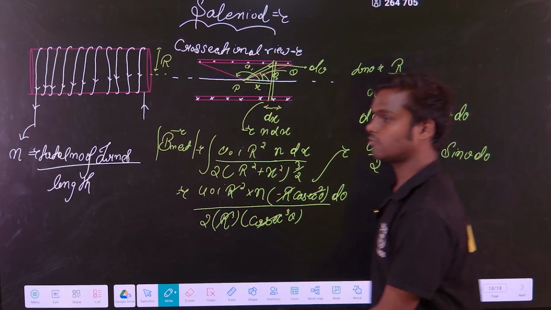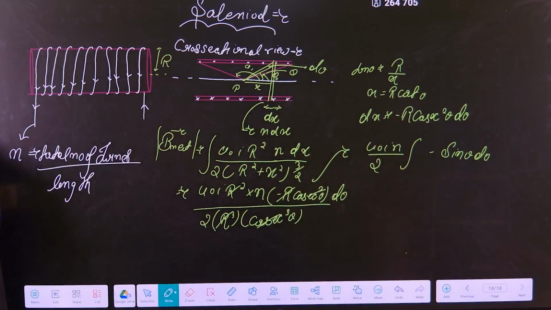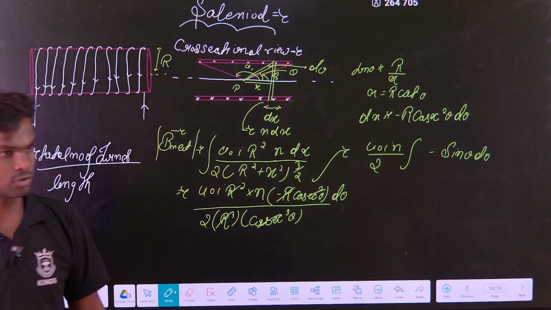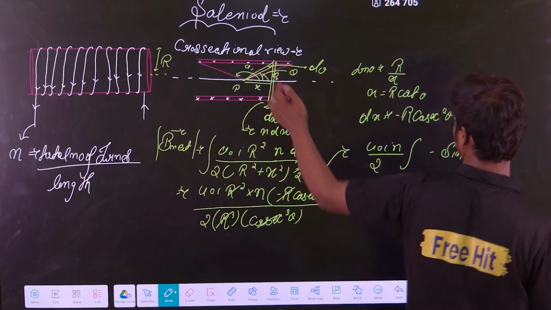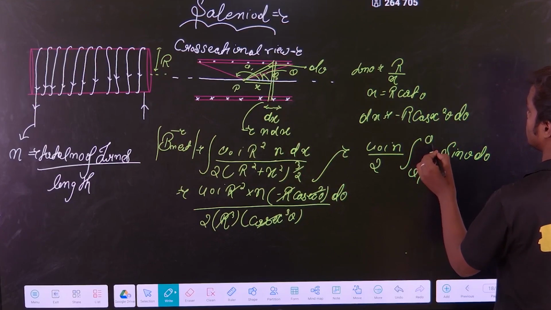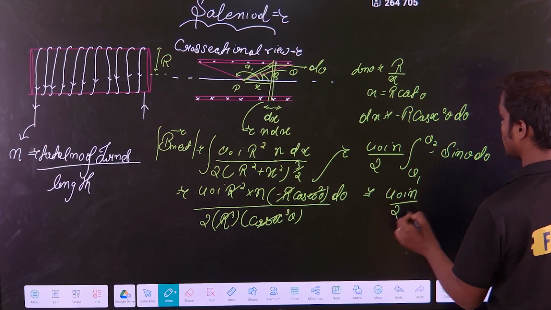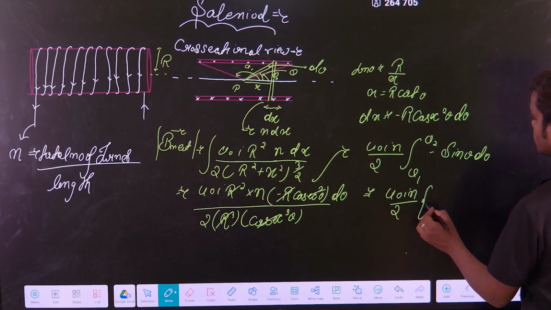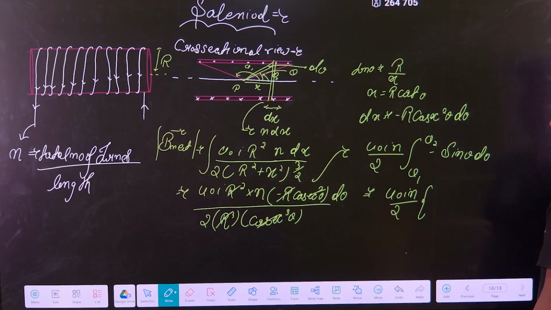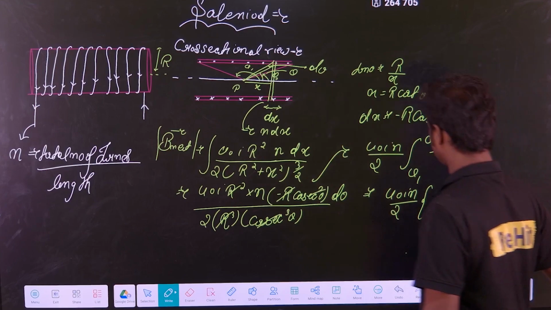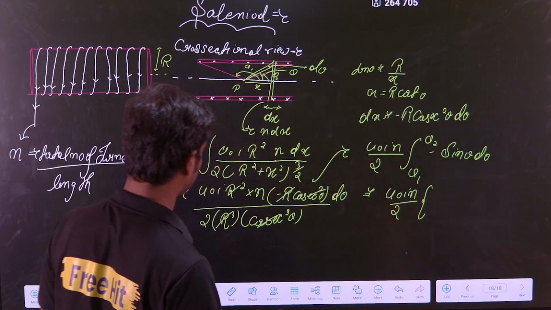Now you tell me the value of theta. From where to where we have to integrate? See, both are in the same. So theta 1 to theta 2. This you will get mu naught I n divided by 2. I will give you the conclusion, don't take stress. So this integration is cos theta. I have done everything correct or not? Let me check.